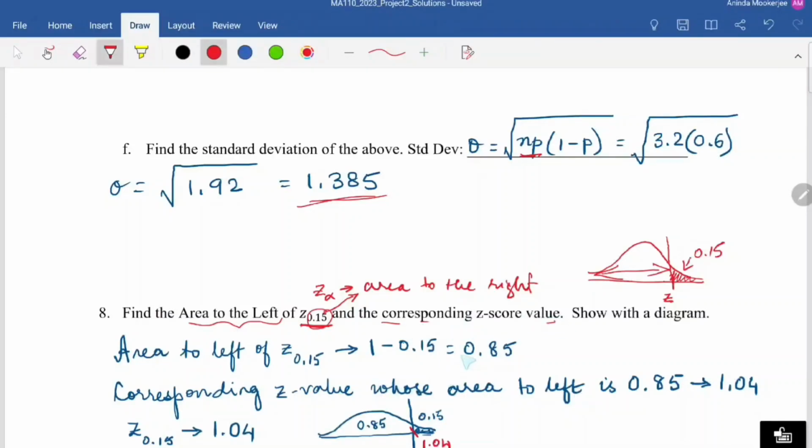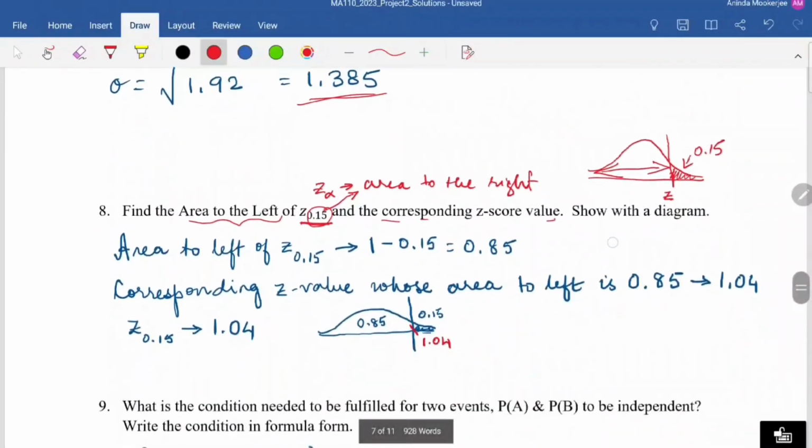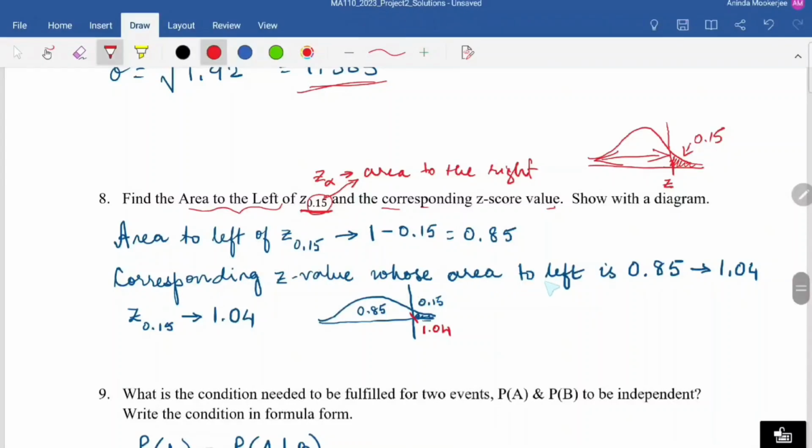The next part of the question says, what is the corresponding z-score value? So for that, we have to go to the table and find the corresponding z value. You have to look up the area of 0.85 in the body of the table, and the corresponding z value you will find is 1.04, and that is the answer.